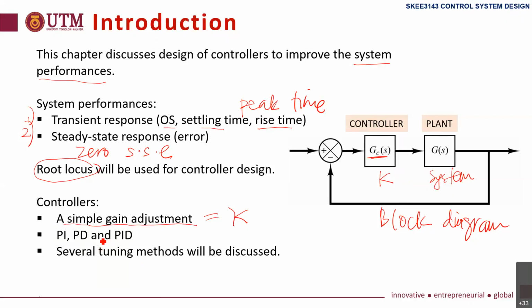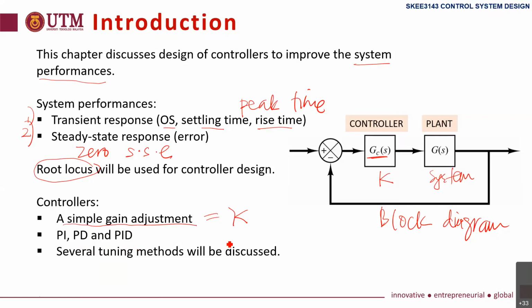We will proceed with designing PI. PI is proportional integral, and then PD, proportional derivative, and finally PID, proportional integral derivative controller. These are common conventional controllers or classical controllers.